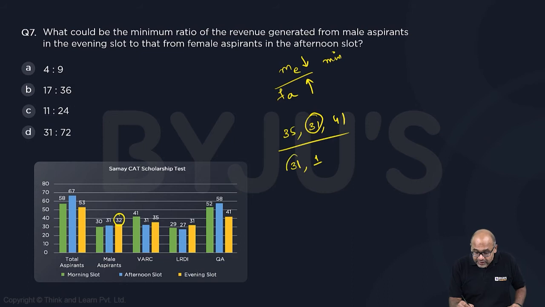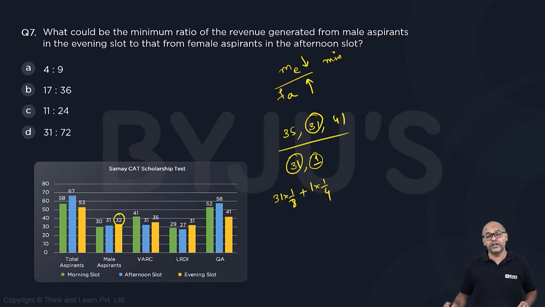These 31 will pay 1/8 of a lakh, because 25,000, that is 1/4 lakh, is the normal amount, so 50% of that they will pay. Plus this one person will pay the normal 25,000, which is 1 by 4. This is the minimum revenue that they can generate.